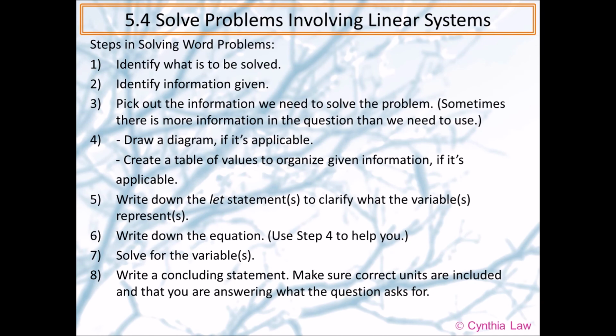In that concluding statement, we need to state the correct units, if applicable. And we also need to make sure that we are answering what the question asks for. Sometimes, after solving the variables in step 7, we just think that is the final answer, and in the end, we didn't answer the question at all. So we have to be careful not to do that.